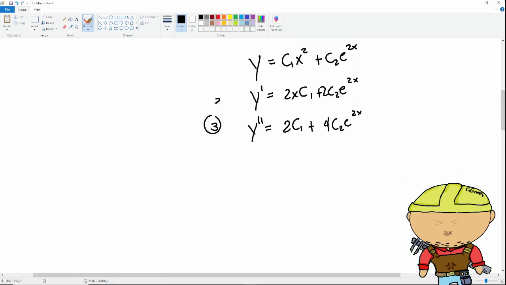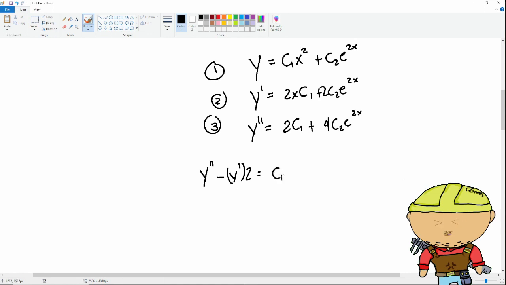So for example, we got 3 equations here. I'm gonna just eliminate c1 first. So y double prime minus y prime times 2. Oh wait, I said c1, but I'm gonna eliminate c2.